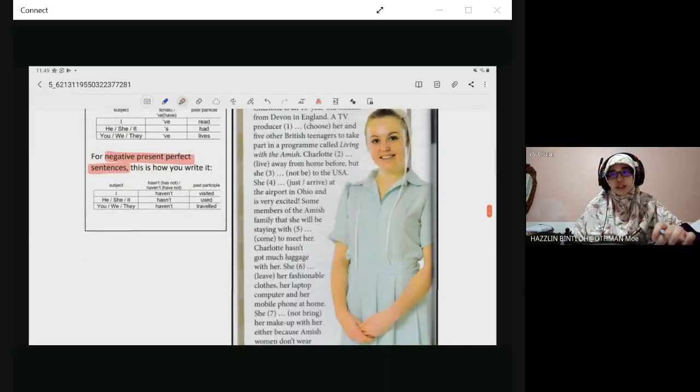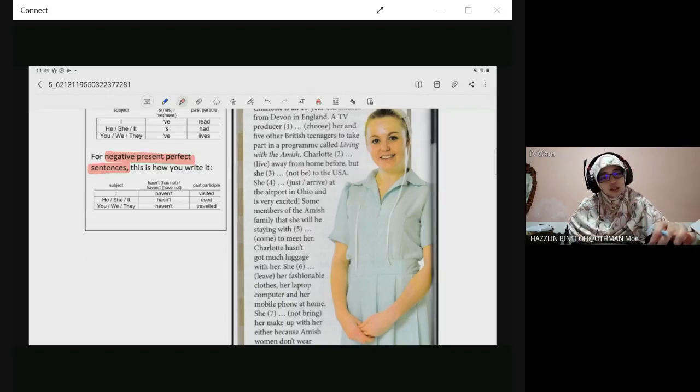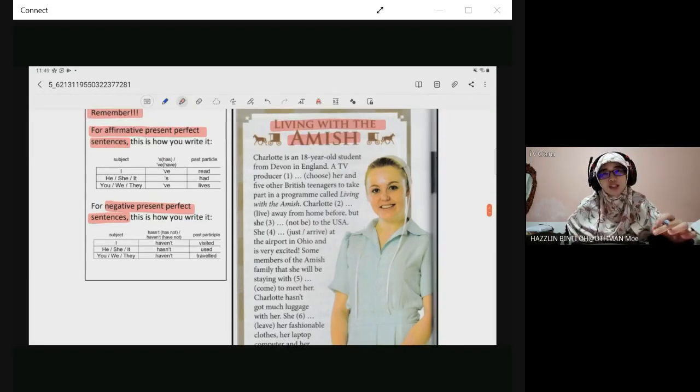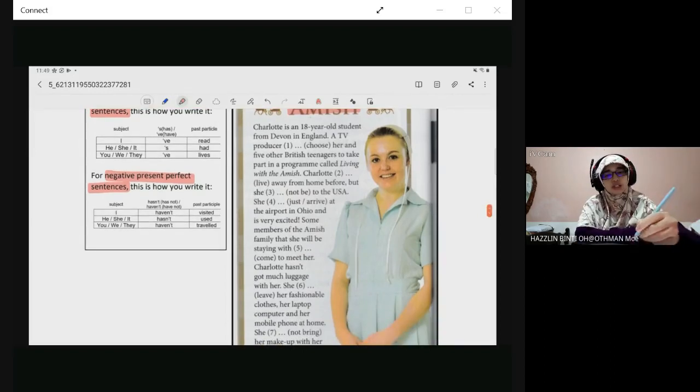Now we have seven blanks and we have eight people. So I am going to assign each of these blanks to one of you. The first one will be Adi. Adi, I will ask you for the answer for the first blank.